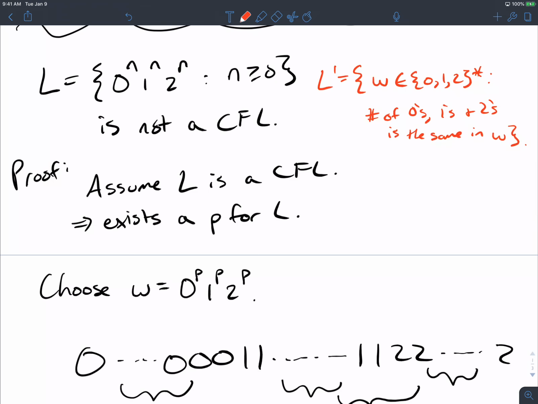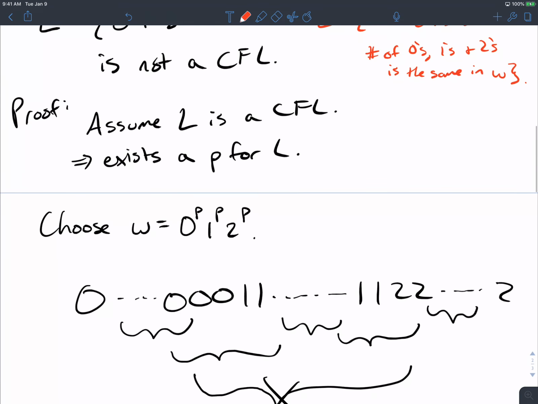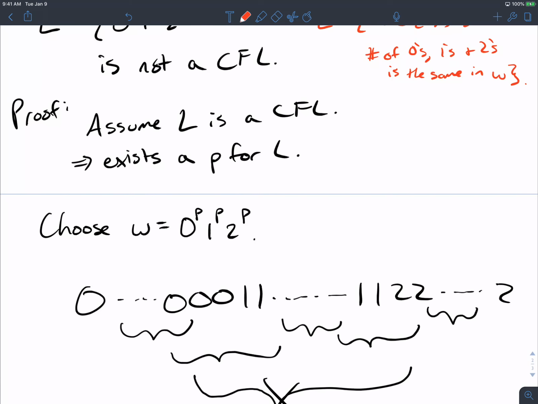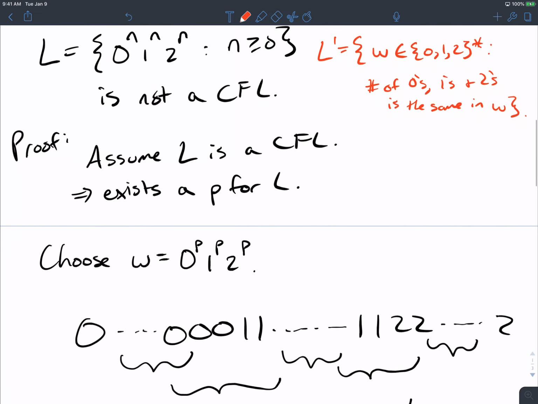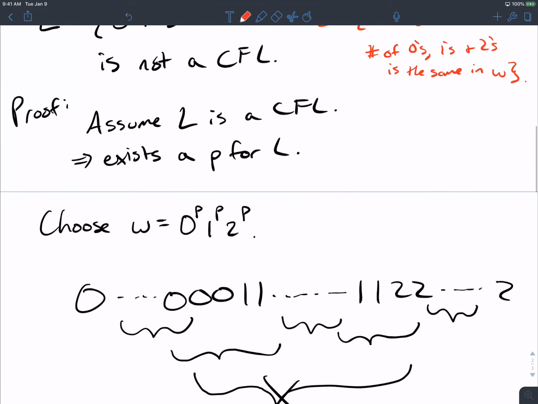Based on our proof already of the 0^n 1^n 2^n language, what do we know about L prime? Could we use exactly the same proof? Well, let's see. Maybe not exactly, L prime instead of L, but assume that the L prime language is a CFL. Is the string that we picked here good for L prime? Yeah, it's in the language, same number, just has a specific order, and length at least p, that's fine.